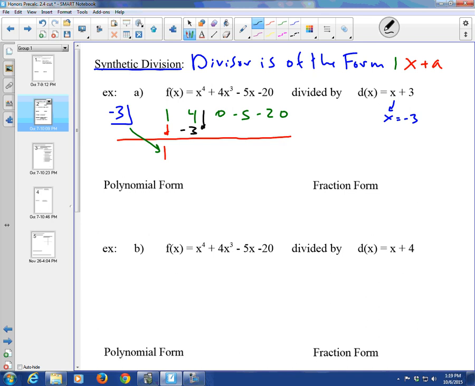So right here, I'm adding my coefficient with the product that I just got to get 1, and then I repeat the process. So it's multiply the 0 and the sum, take that product and put it underneath the next coefficient, and add.